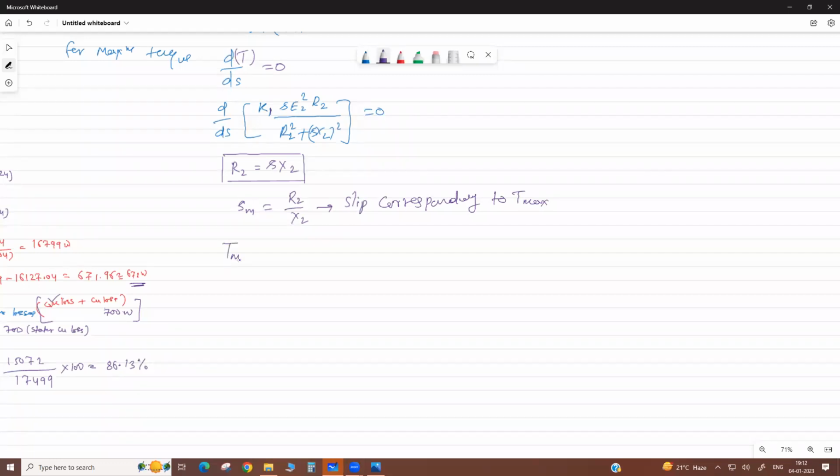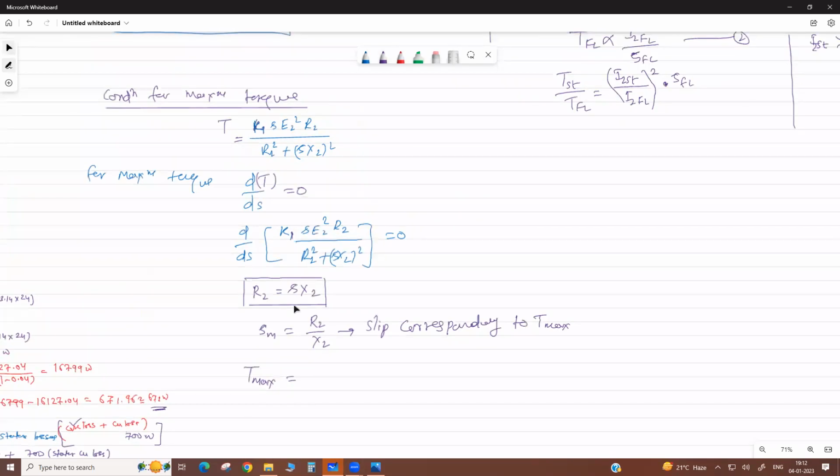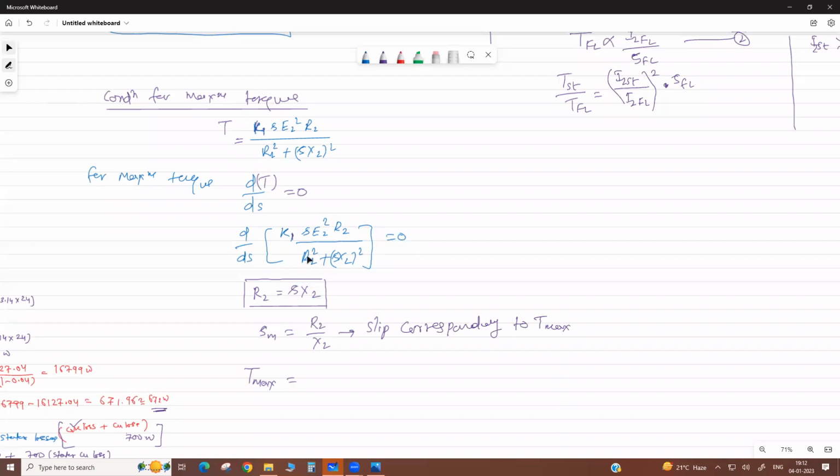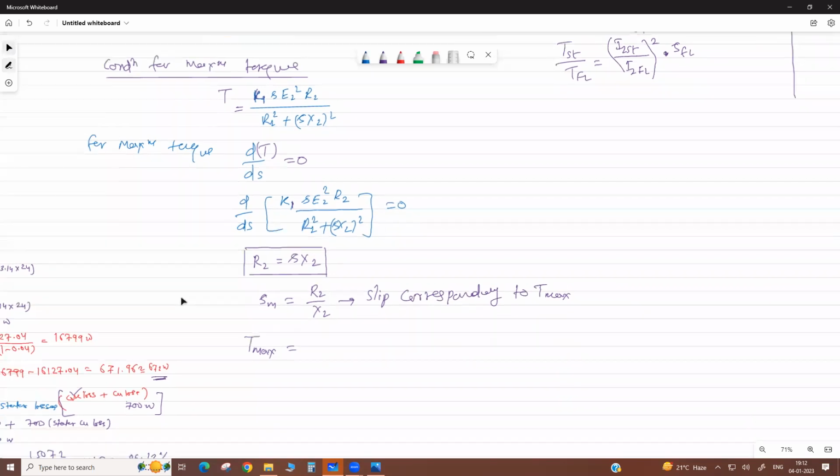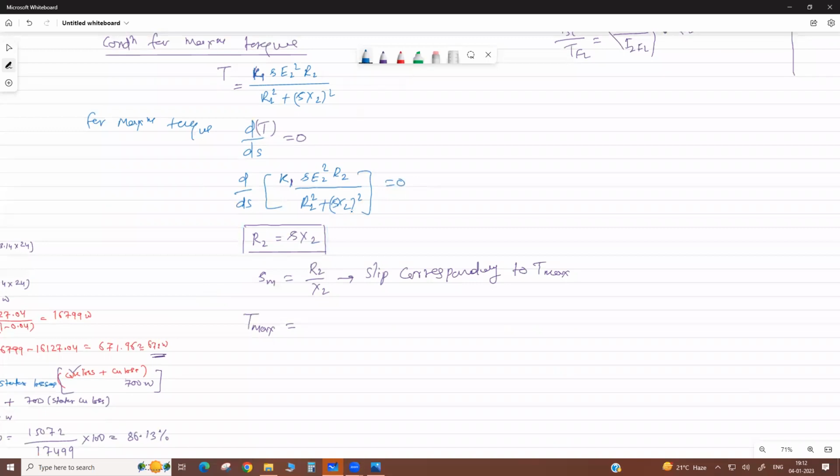If we apply this condition in this equation, we can easily do it.